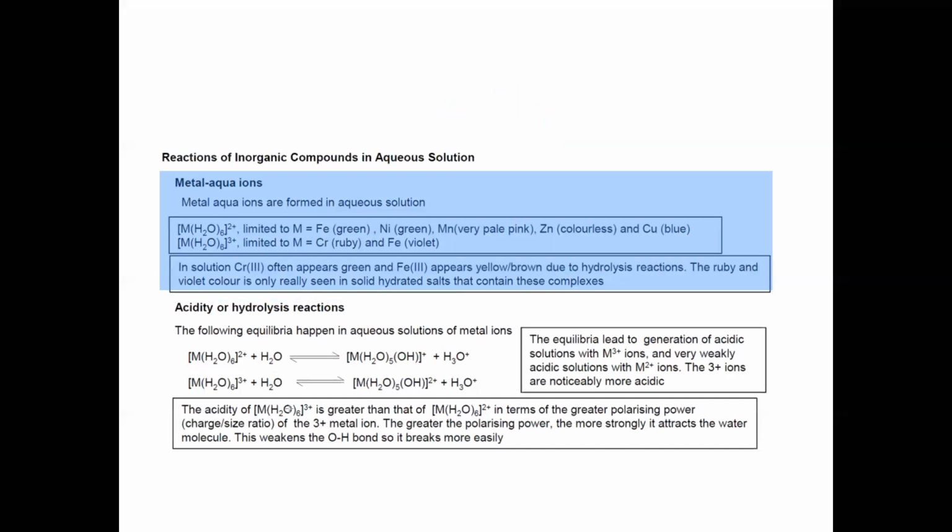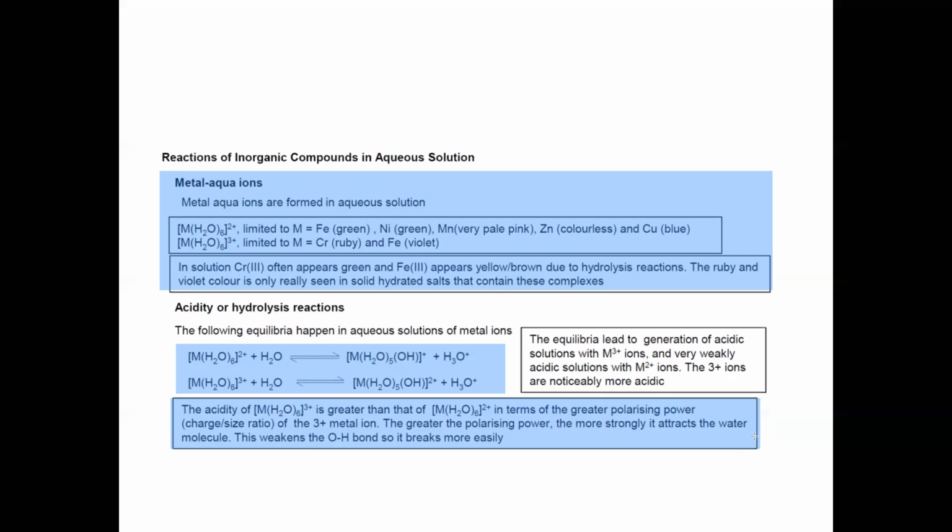So, metal aqua ions, and this equation. The heading is acidity or hydrolysis reaction. Basically, when you add a salt which contains a transition element, it forms an aqueous solution and forms a metal aqua ion.